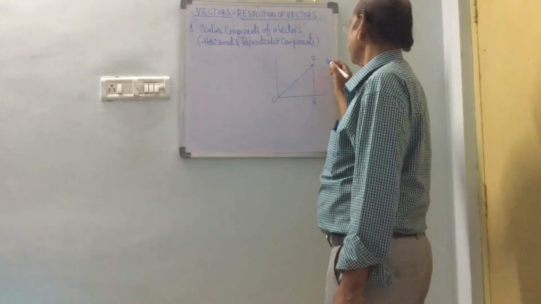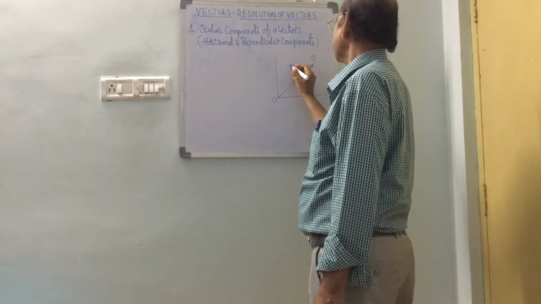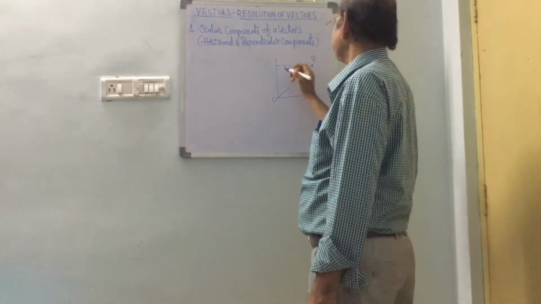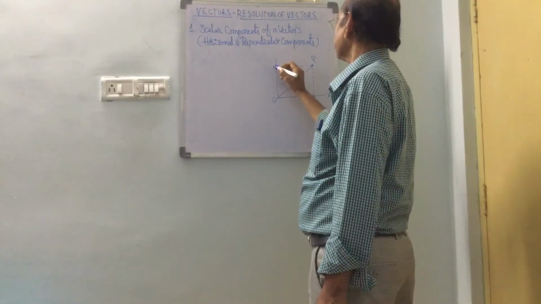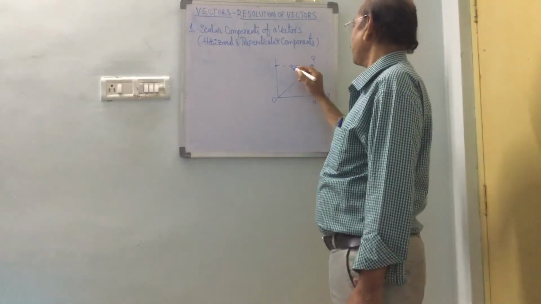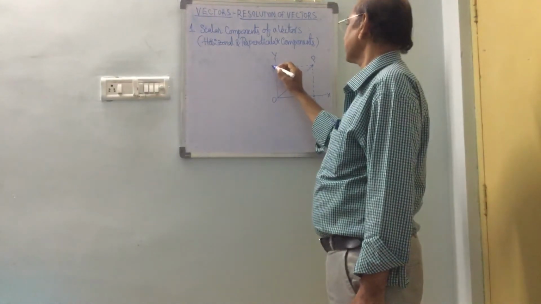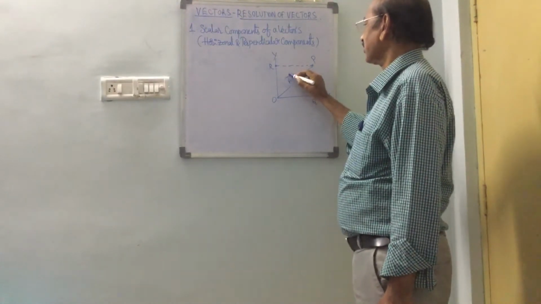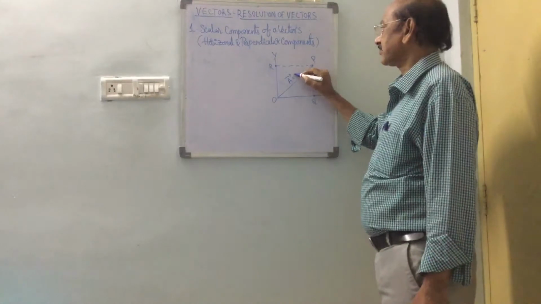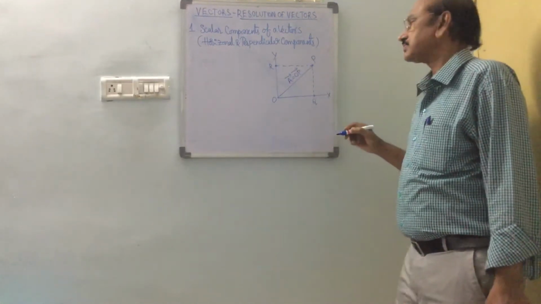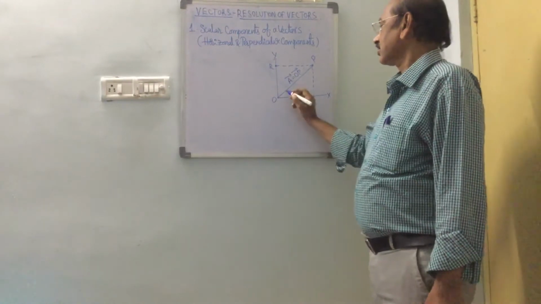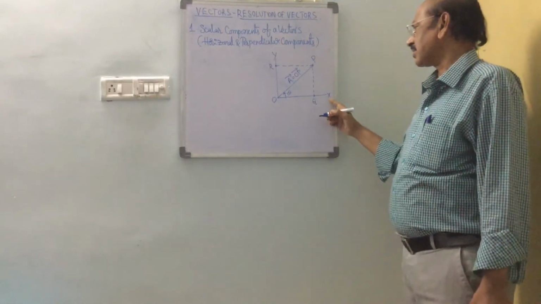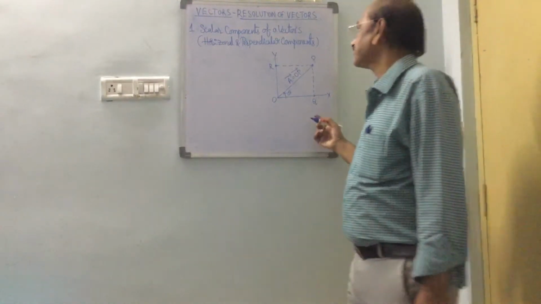When we draw the projection from P, it cuts the x-axis at point Q, and when we draw projection to the y-axis, it cuts at R. Consider a vector A bar which is equal to OP bar. Let OP bar make an angle theta with the horizontal axis OX.